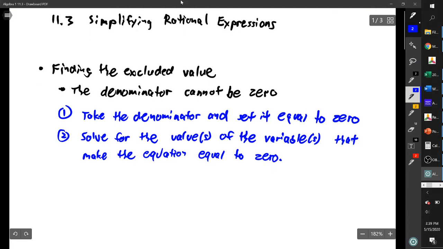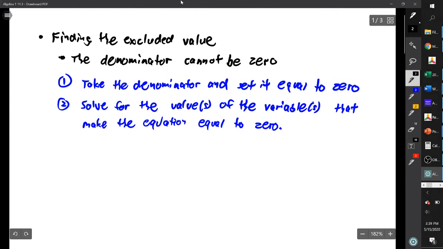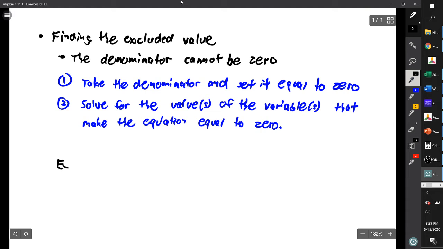Now you did this a little bit already in lesson 2. They were just a little bit simpler denominators than what sometimes we will be dealing with. We're going to have to dust off our factoring and solving quadratic equations shoes a little bit in order to do these. So here's what these can look like. Example.